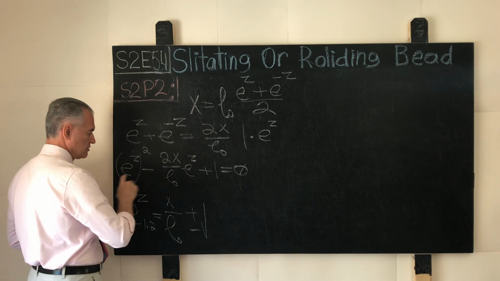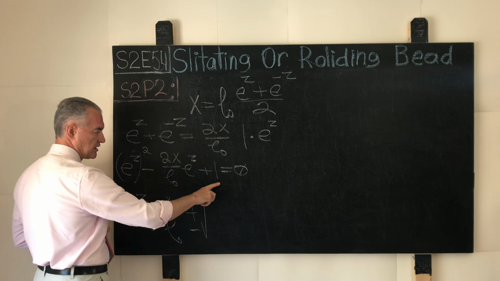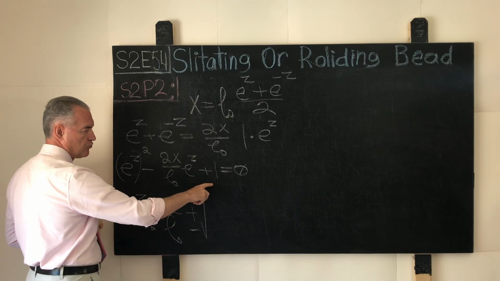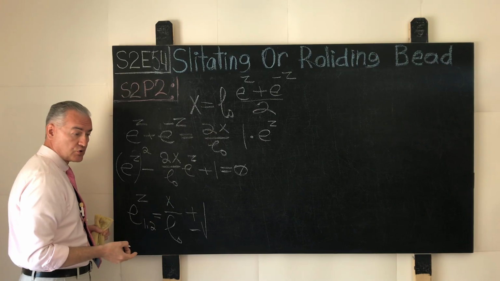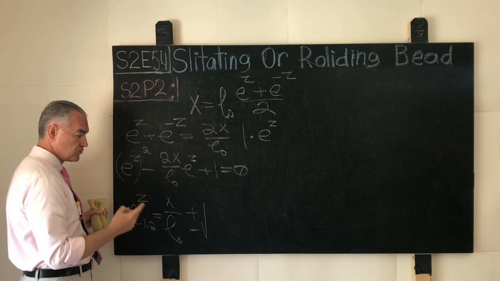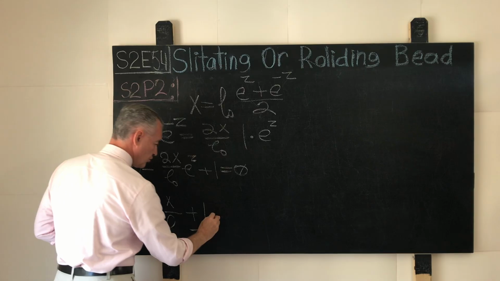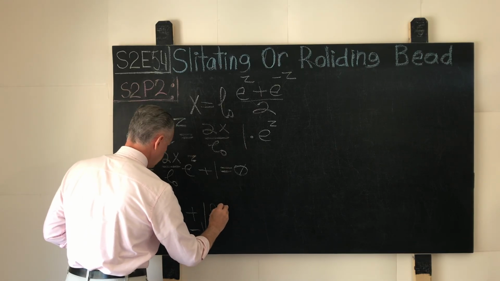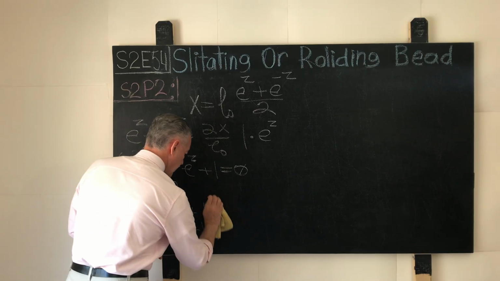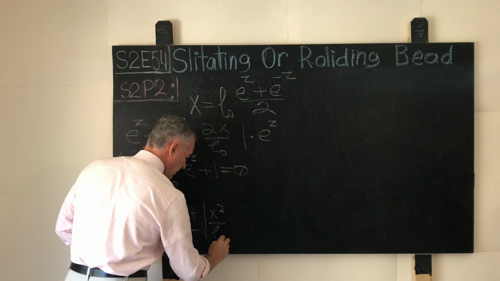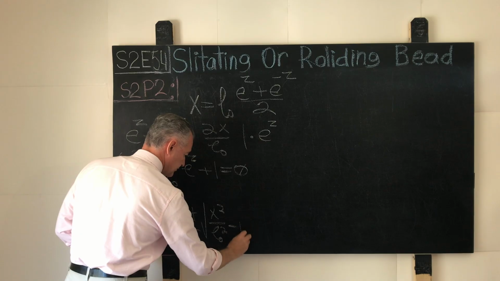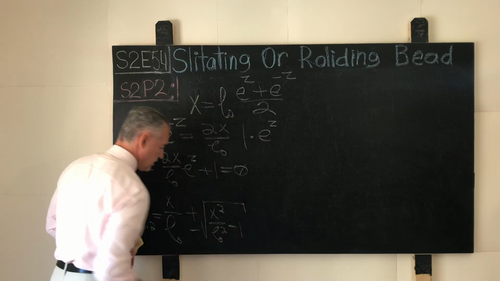Subtract what? 4 times a times c, which is 4. 4 carried out in either summand. Square root of 4 is 2. 2 over 2 is 1. Nothing is left over here. So all we have here is the following expression. x squared over L0 squared minus 1 under the square root.